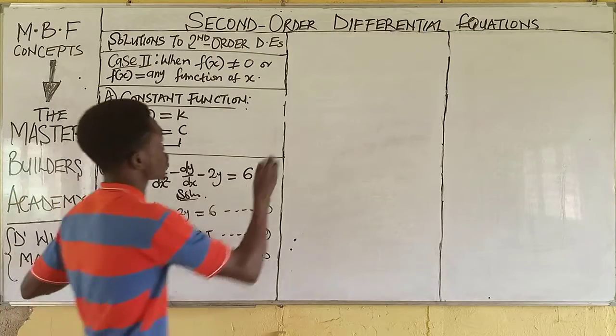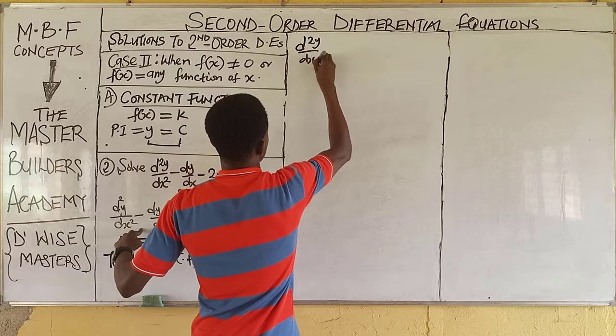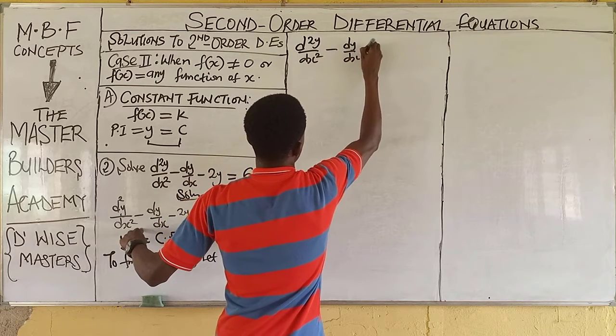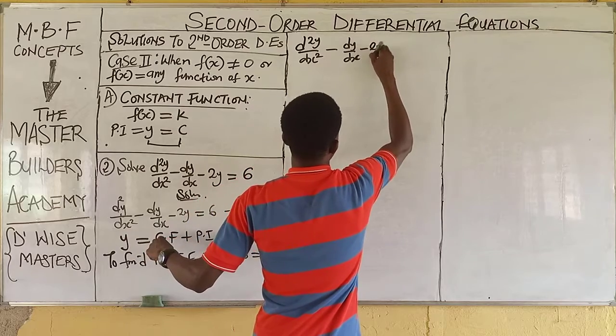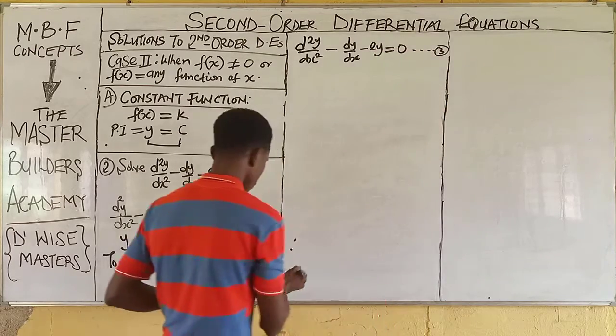Therefore, we are going to have this equation as d squared y over dx squared minus dy over dx minus 2y is equal to 0. You can call this now equation 3.